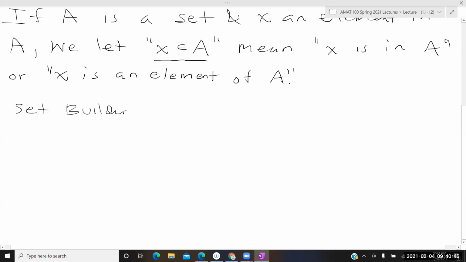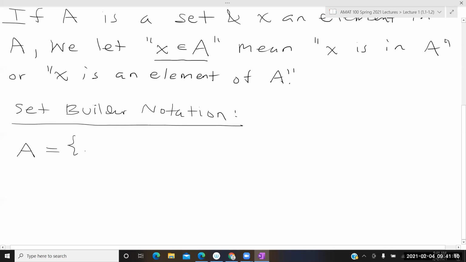And this is just more terminology for something that's pretty intuitive and straightforward. So the idea is that A is some set, and it consists of things that satisfy some property that makes them a part of this set.